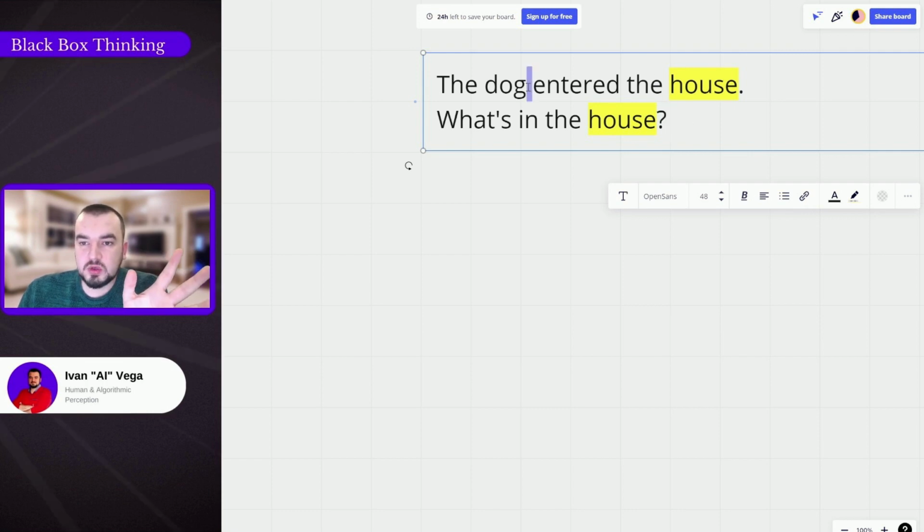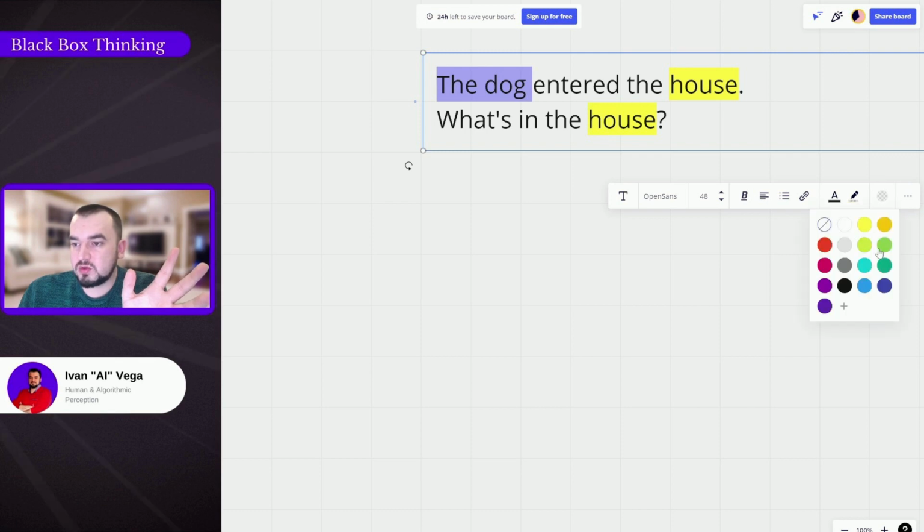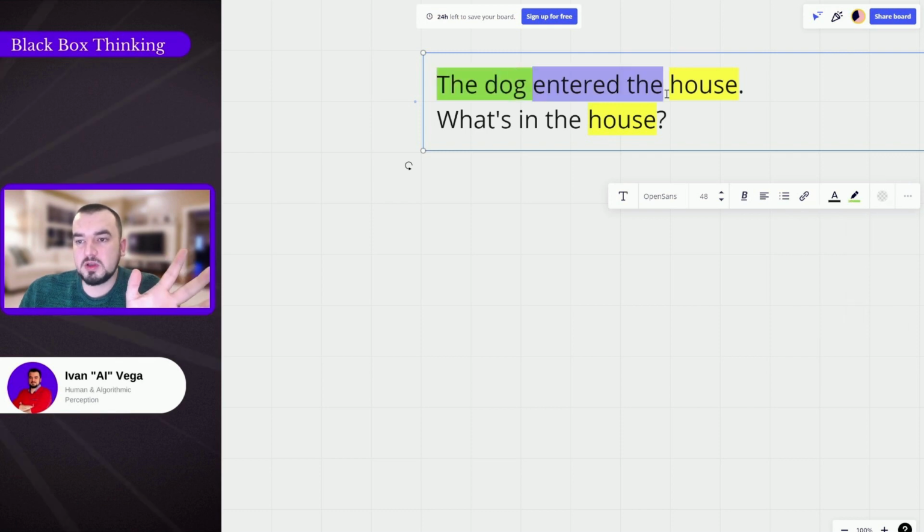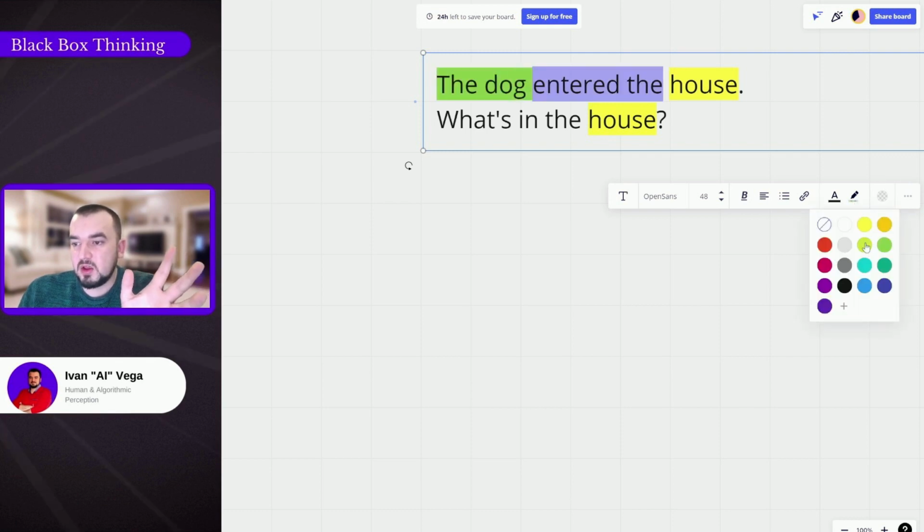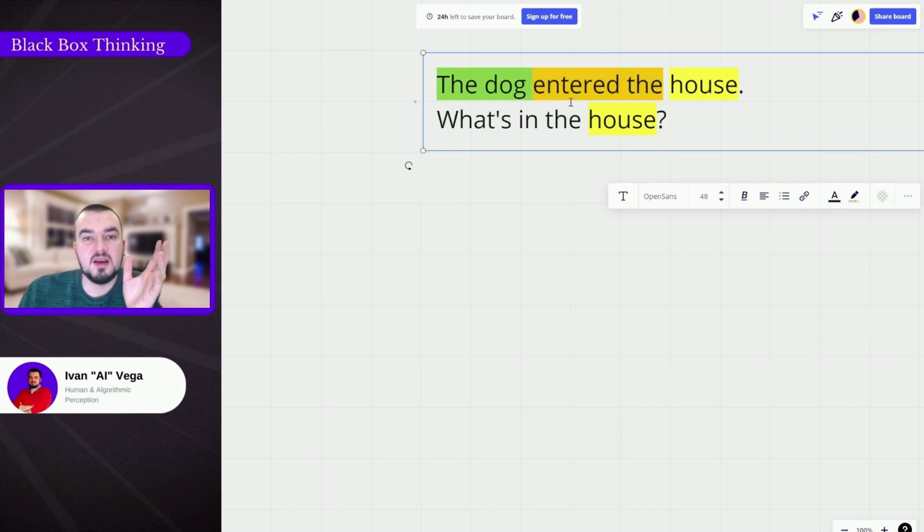And it would consider the dog to potentially also be important because it's connected to what is happening with the house. So we would have object A being the house, and then what is connected to object A is object B, via "entered the."